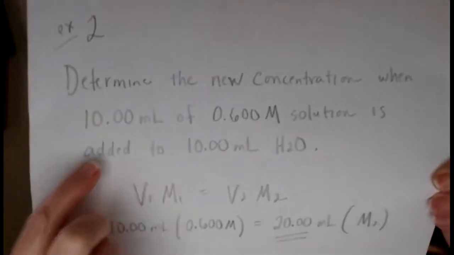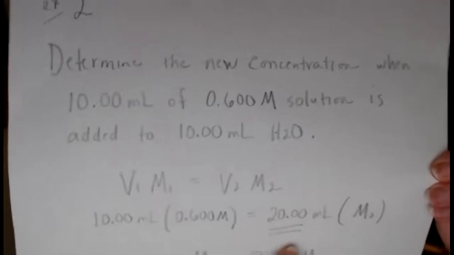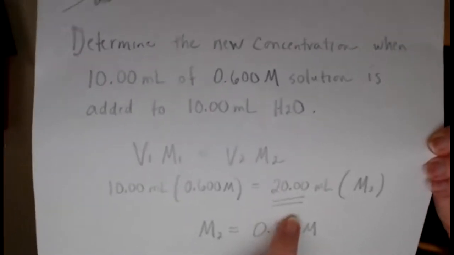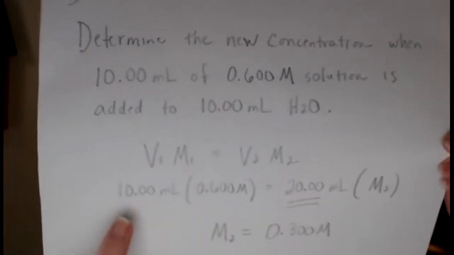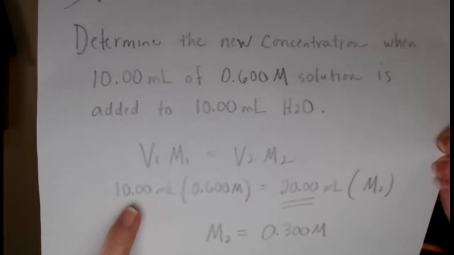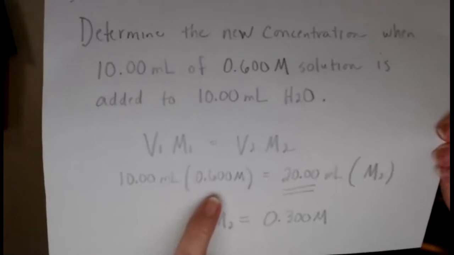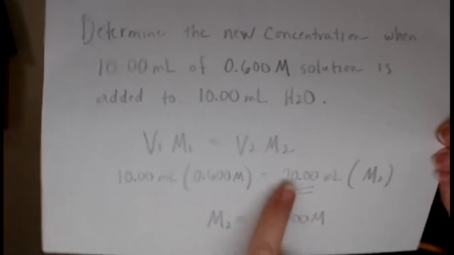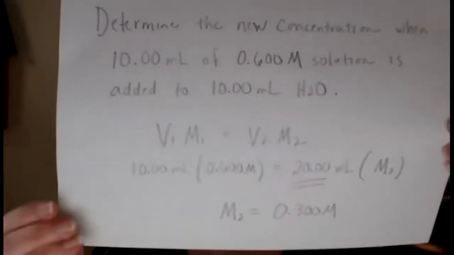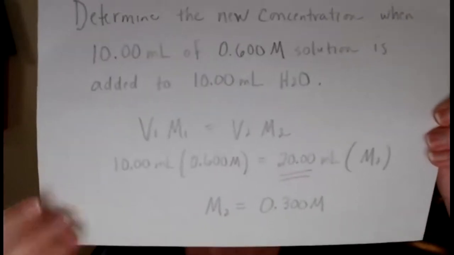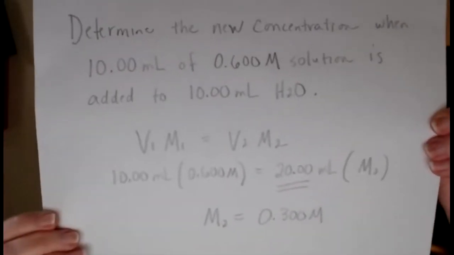When it says added to, you actually add those 2 volumes together. So 10 milliliters was the initial volume. This is the initial concentration. You are diluting it with 10 milliliters of water. So now your total volume has been increased to 20. So you just solve for your new concentration.